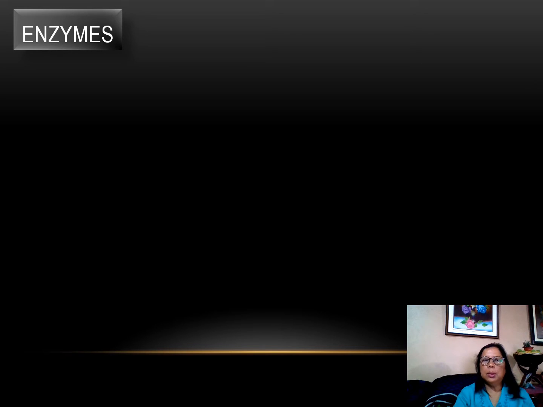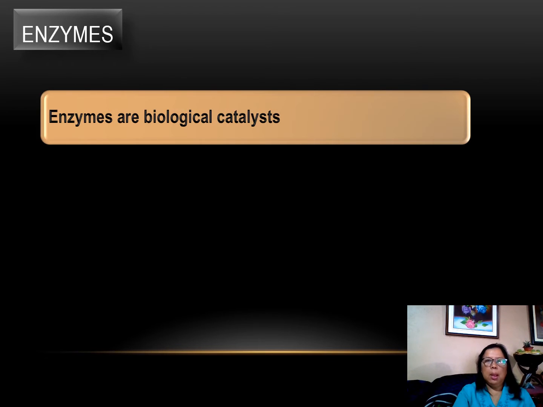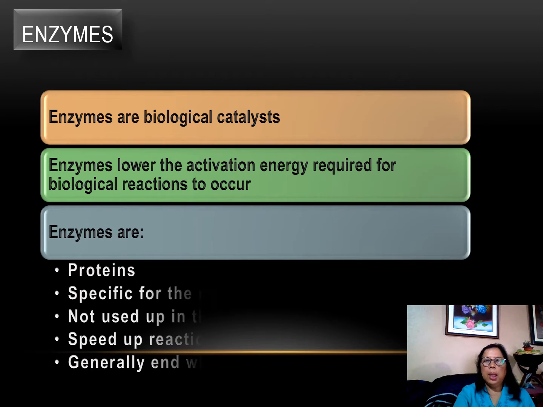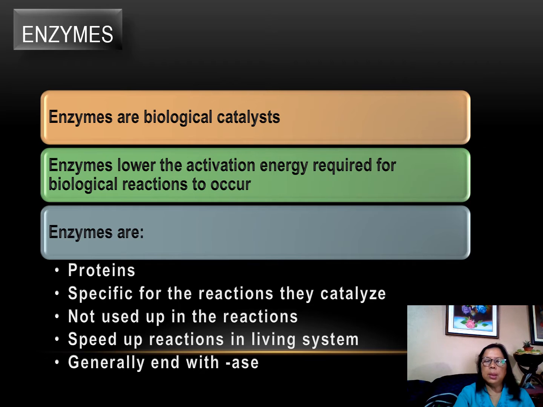And then let us start to have a review on enzymes. Enzymes are biological catalysts. Enzymes lower the activation energy required for a biological reaction to occur, and enzymes are categorized as proteins.